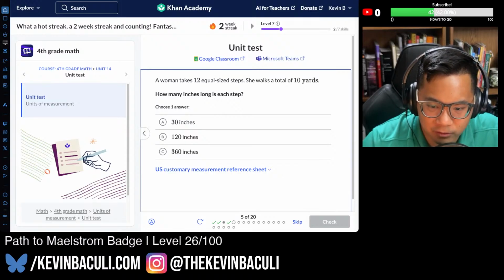Woman takes 12 equal sized steps. She walks a total of 10 yards.